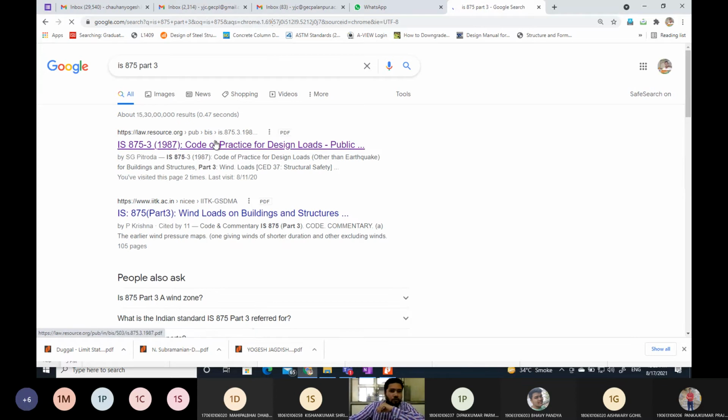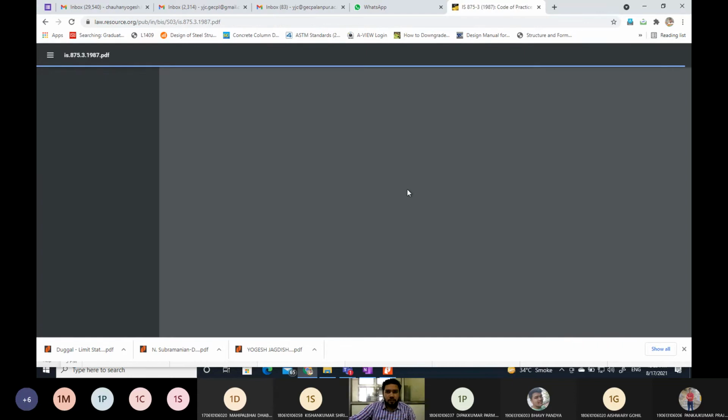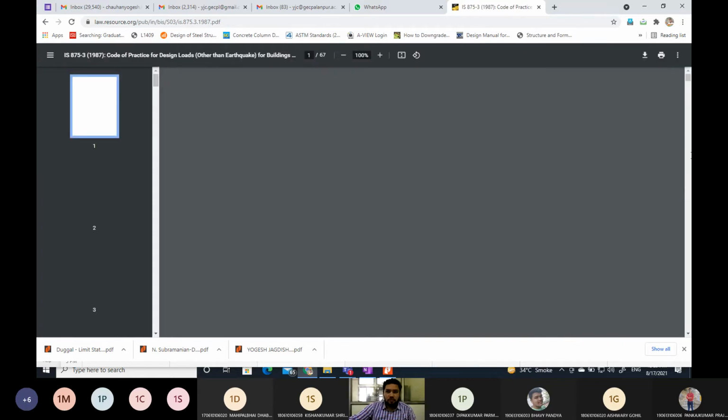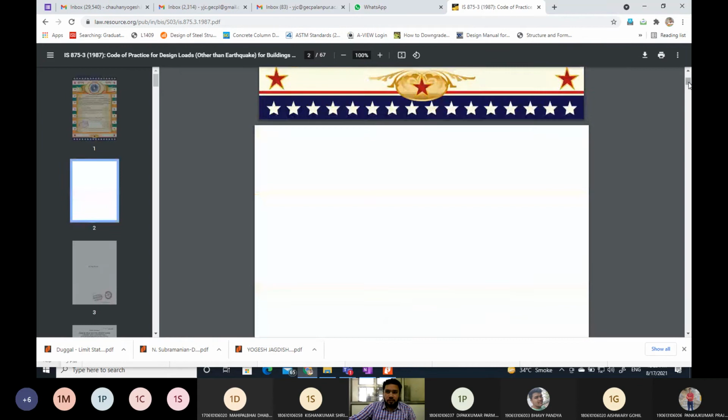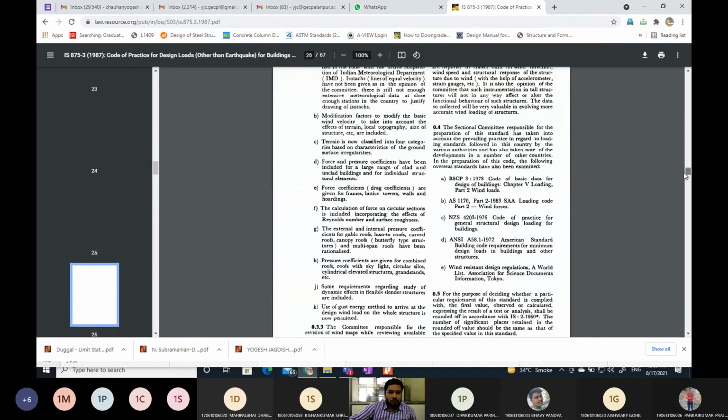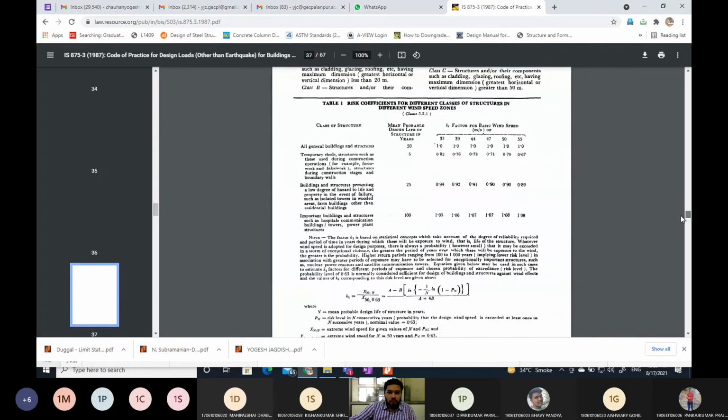We are using the older code. New code is available, so you can modify the wind load accordingly. But just to understand the application of wind load on truss, we are using the old code. But in the same line of action, you can use the new code.